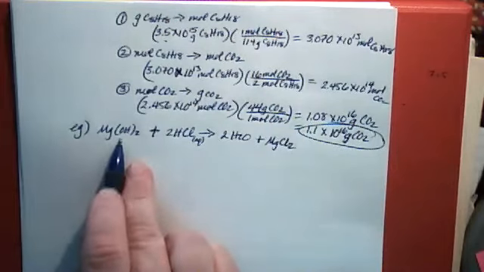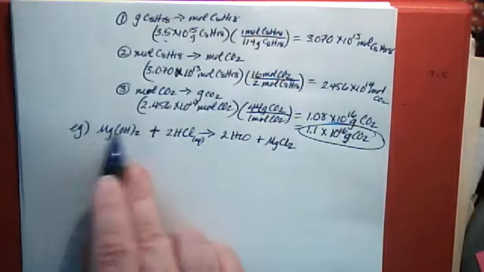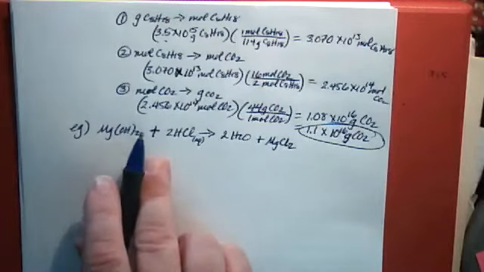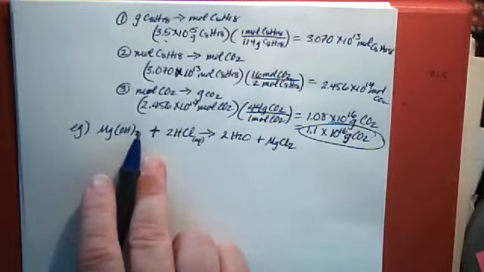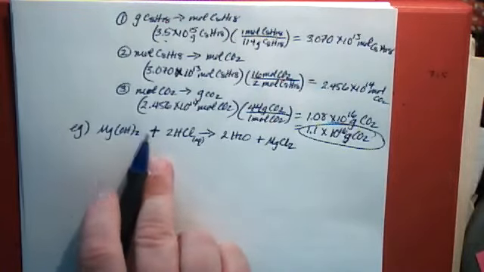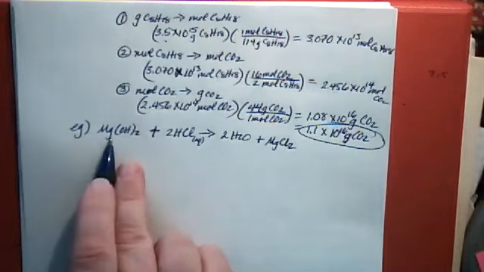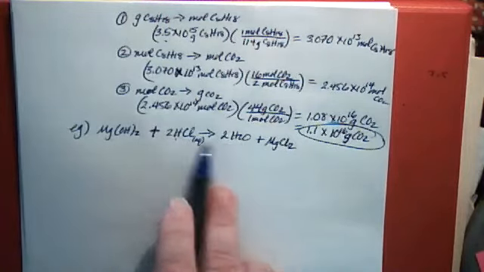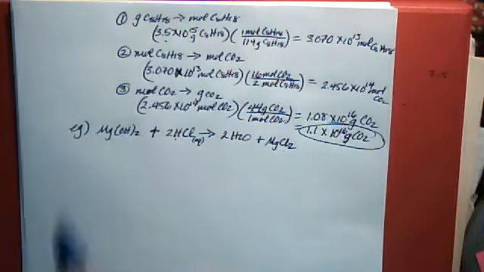This can be read in terms of molecules, and it can also be read in terms of moles. It's important to keep in mind not just that the equation can be read in terms of moles, but that it's really the ratio of moles of one thing to another that we're concerned with. So it's not just that 1 mole of magnesium hydroxide combines with 2 moles of hydrochloric acid to produce 2 moles of H2O and 1 mole of magnesium chloride.